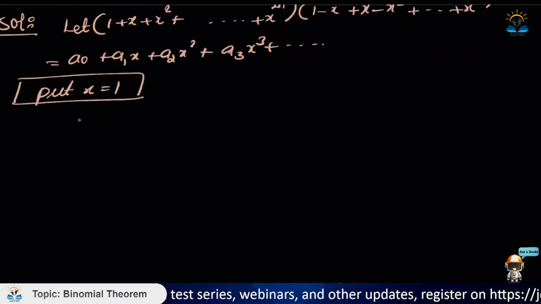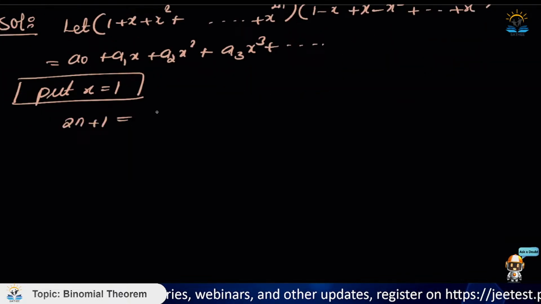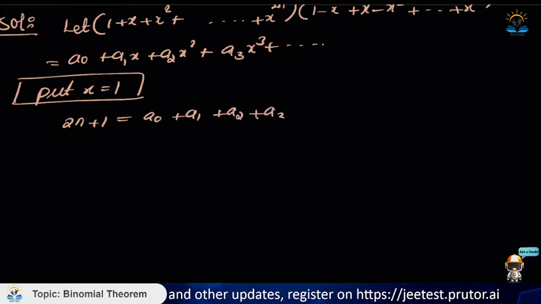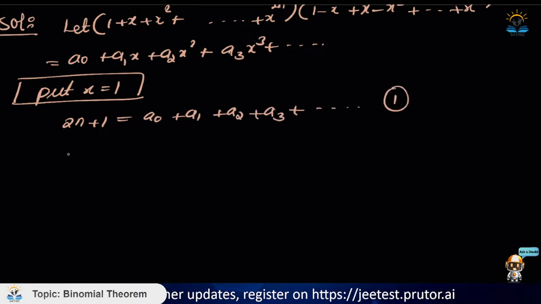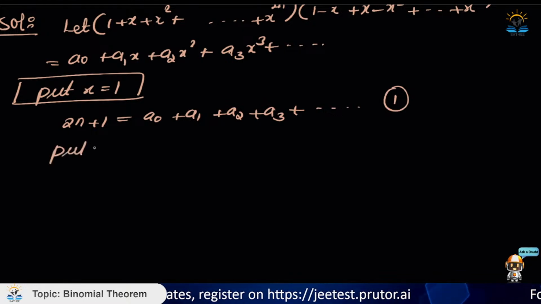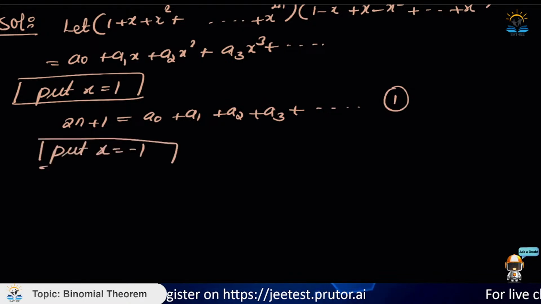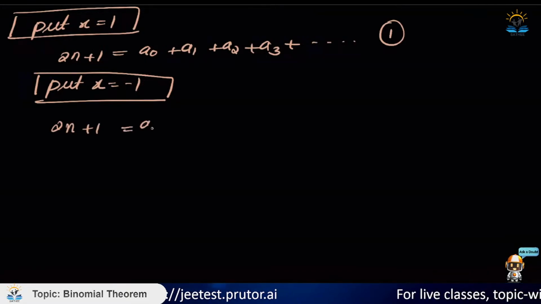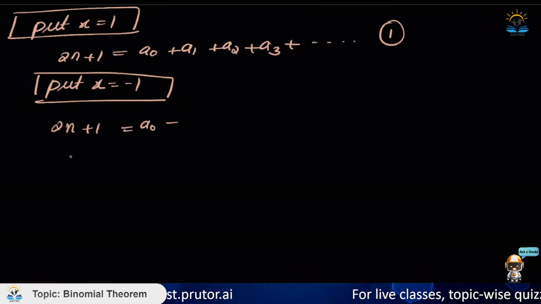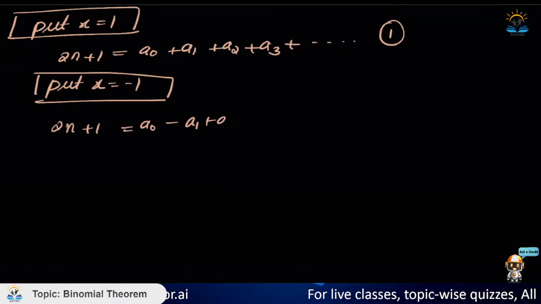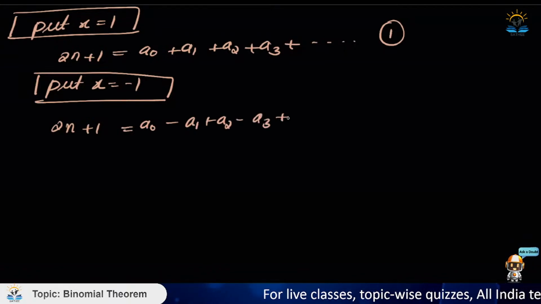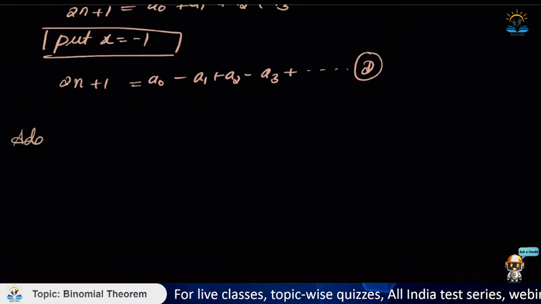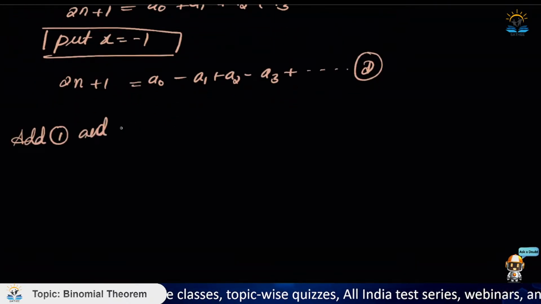When x = 1, 2n + 1 = a0 + a1 + a2 + a3 + ..., that is the first one. Then when we put x = −1, we get 2n + 1 = a0 − a1 + a2 − a3 + ... This is the second one.